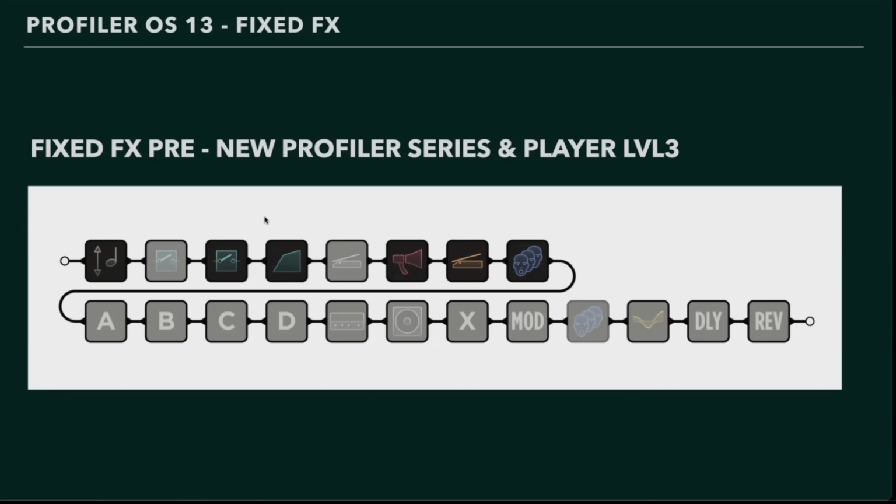But these ones here, the darker ones, these are the new fixed effects. So we're starting with the transpose effect, which is not really new because we had the transpose effect in the rig menu, but now it's coming to the fixed effects menu, and this is a very great thing because now you can switch this transpose effect on and off, which you couldn't when it was in the rig menu.